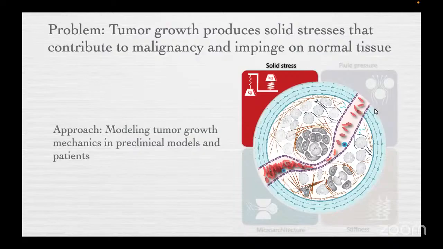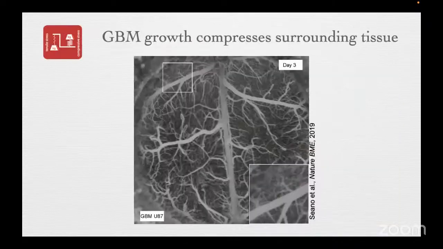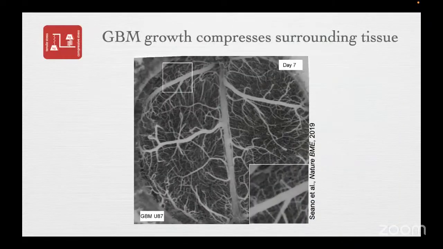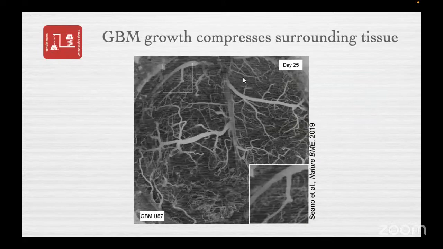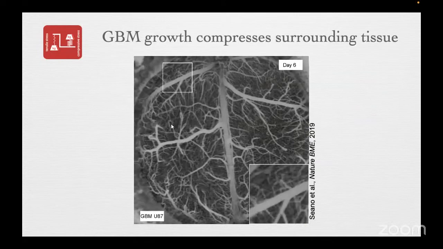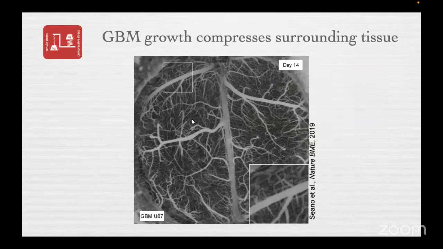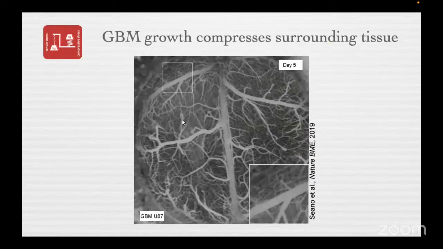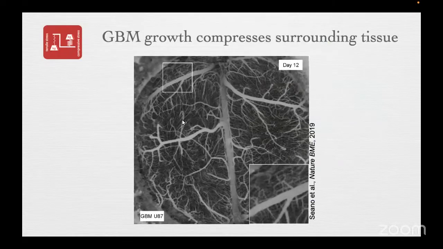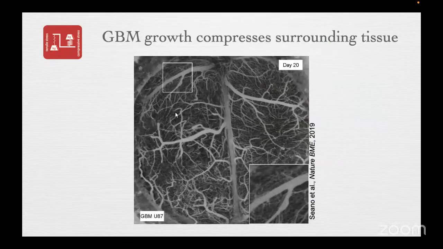So in the last few minutes, I'd like to talk about what we're doing with solid stresses and how we're making measurements in actual patients. This is GBM growing in the left hemisphere of this mouse. And you can't see the tumor, but you can see the effect that the mechanical forces it's producing have on the normal vascular structures.